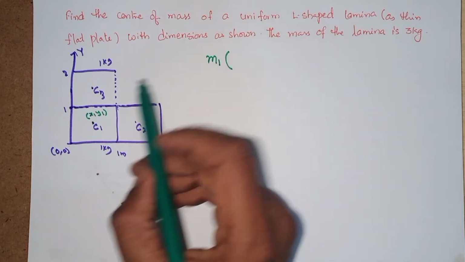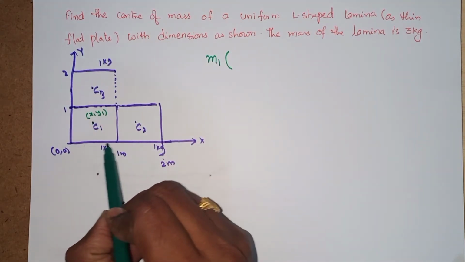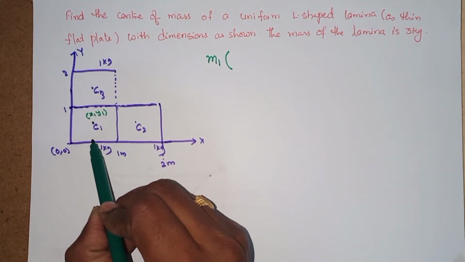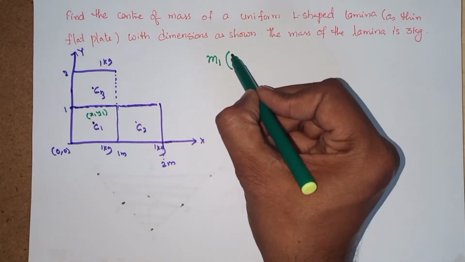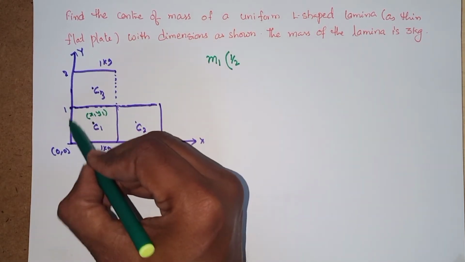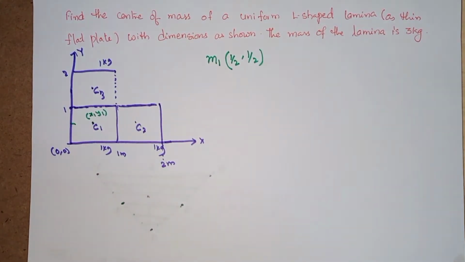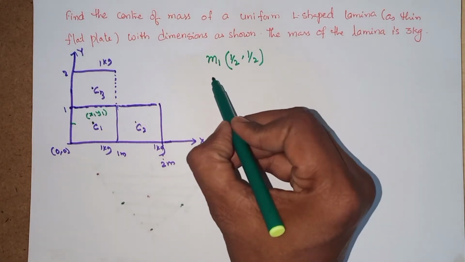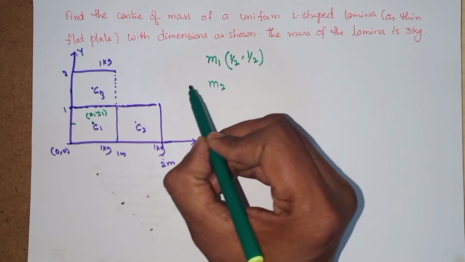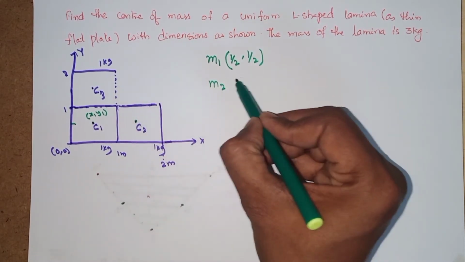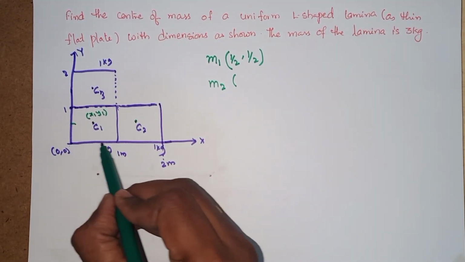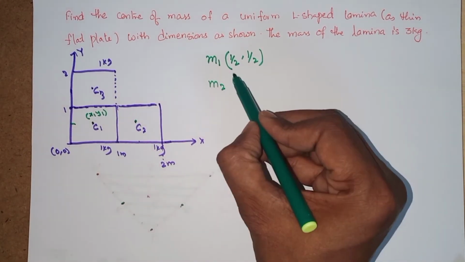X1, Y1. What is X1 here? Total will be 1. Now this will be half, this will be half. So 1 by 2. Total will be 1, now this is half. These are the M1 coordinates. M2 coordinates: this is the X location, 1 plus 1 by 2, 3 by 2.